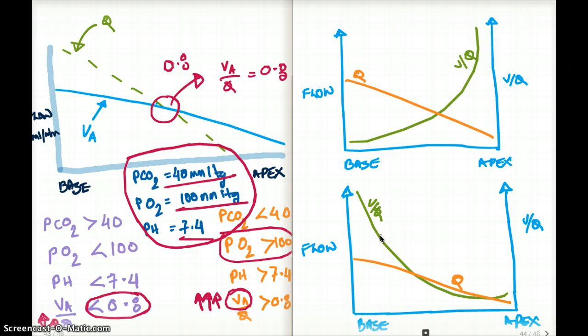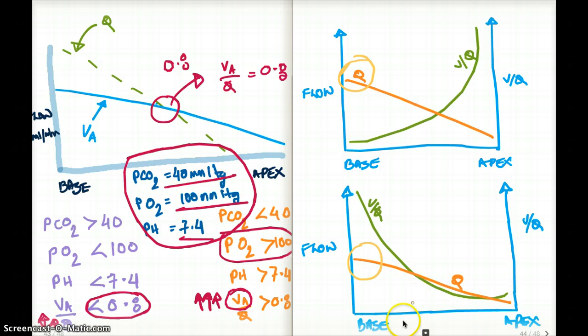Even without looking at the graphs, we know the flow is going to be highest at the base and lowest at the apex. So where do we see flow high? We see that the flow is high here. It's pretty much high here too, right? I mean, it's relative. Okay, so this line seems to be okay.